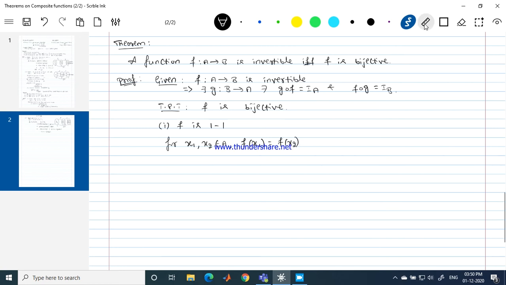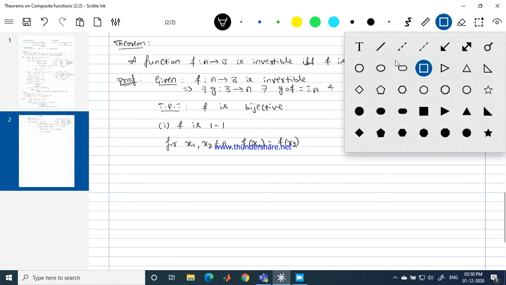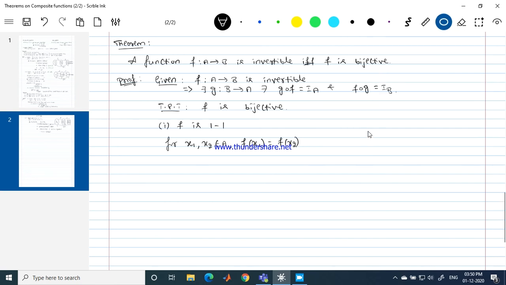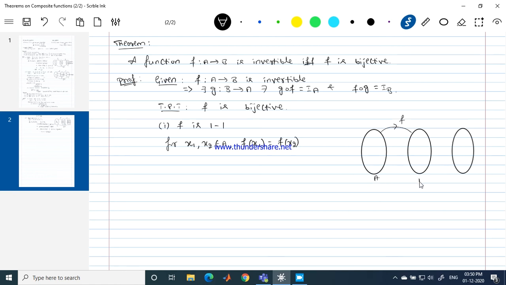Okay, now let me just consider the sets A, B and the set A. F is a function defined from set A to B, and I'm just considering one more function G, and G is a function defined from B to A.